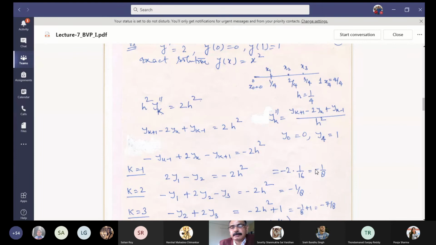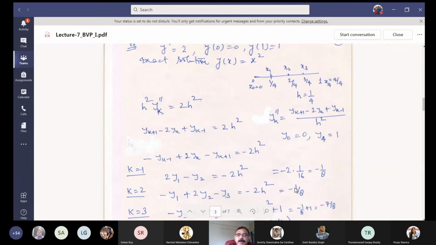Have you written? Yes, sir. Okay. Next we go for k equal to 2. K equal to 2 gives minus y1 plus 2y2 minus y3 equal to 2h square. Now you can see on this slide, it is written in that order equal to minus 2h square.